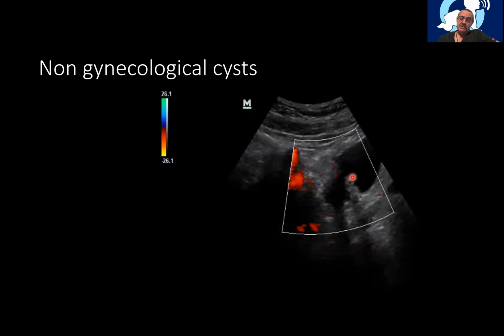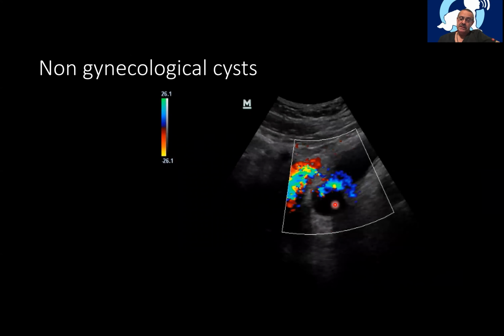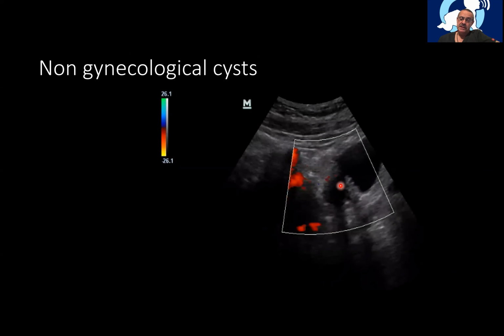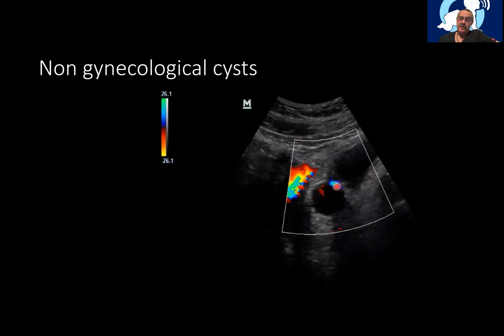What about non-gynecological cysts or cyst-like things? Here we have the urinary bladder and something behind the bladder. So that was flow. Again, flow.